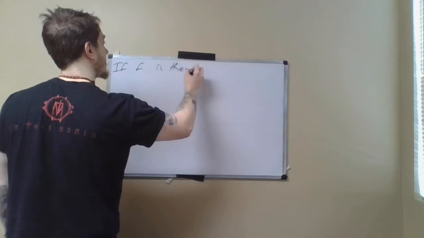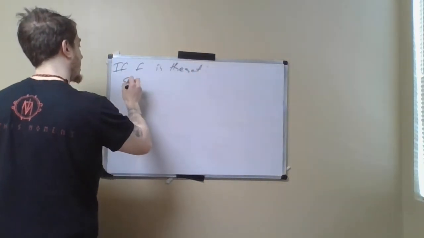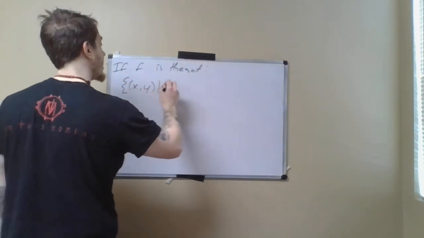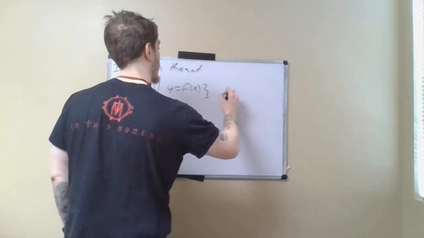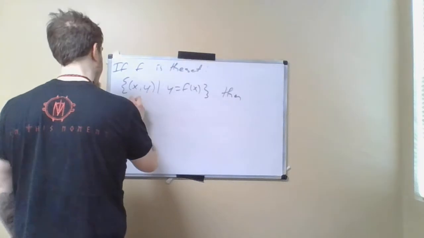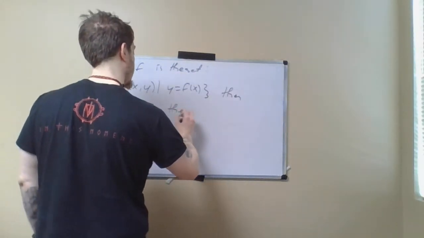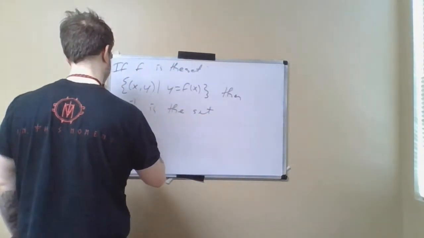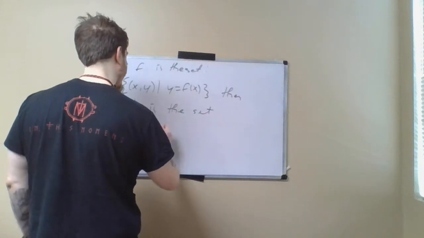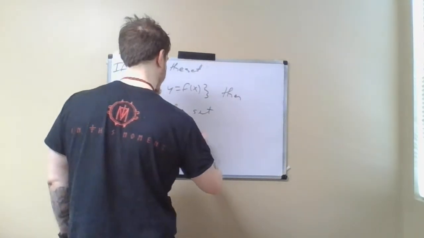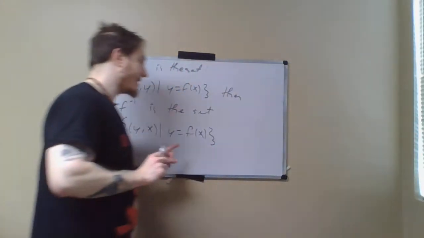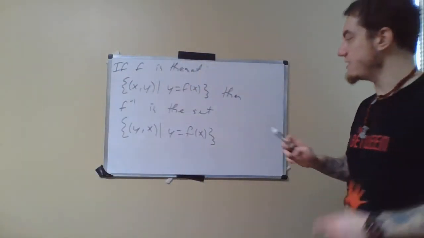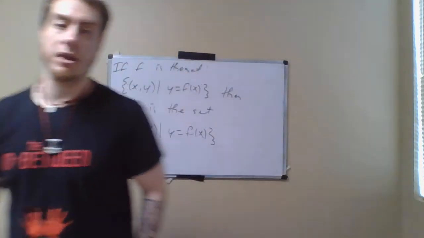So if f is given by the set of pairs x comma y such that y is equal to f of x, then f inverse is the set of pairs y comma x such that y is equal to f of x. And this makes sense as a function provided that the f here is 1 to 1.